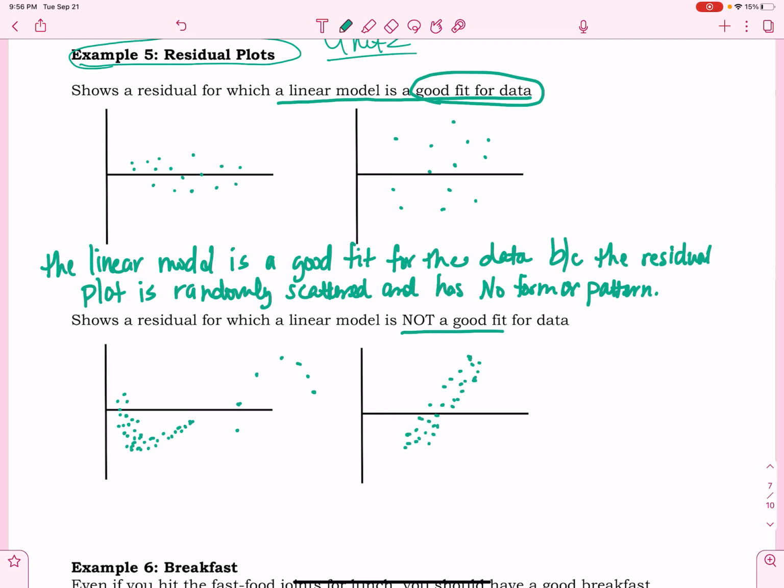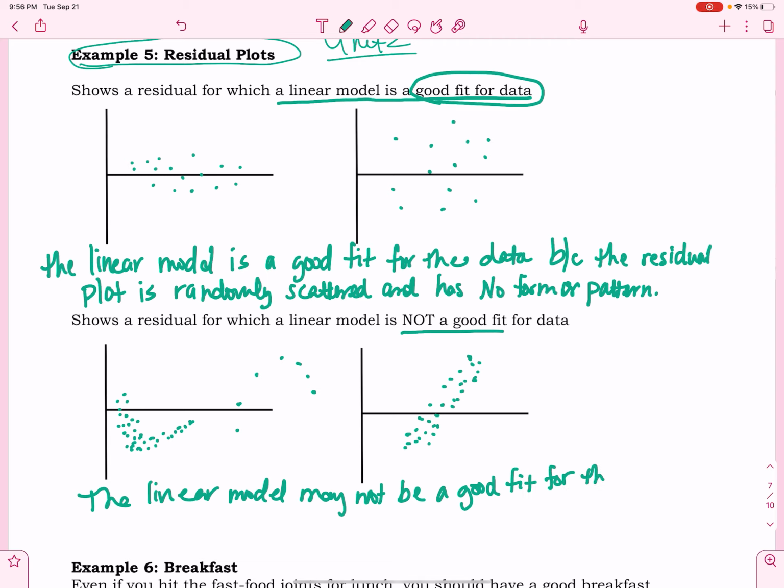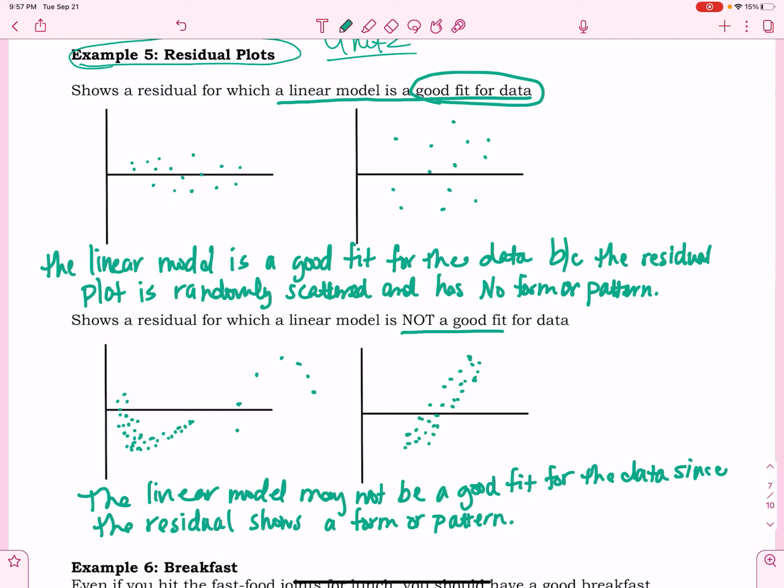So in answering that, in talking about that and interpreting that, I'm going to say something like, the linear model may not be a good fit for the data since the residual shows a form or pattern. That is how you can tell from the residual.